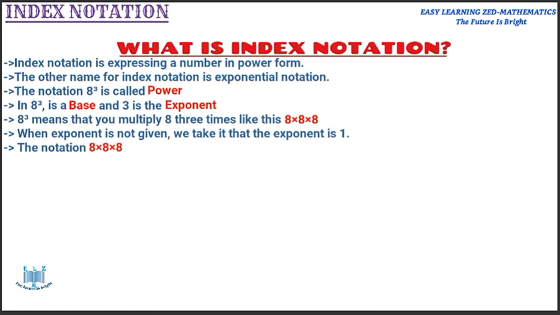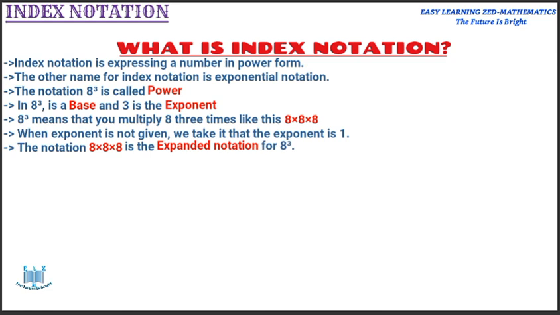The notation 8 multiplied by 8 multiplied by 8 is the expanded notation. So when you see an expression written like 8 multiplied by 8 multiplied by 8, that is the expanded notation of 8 raised to the power 3.